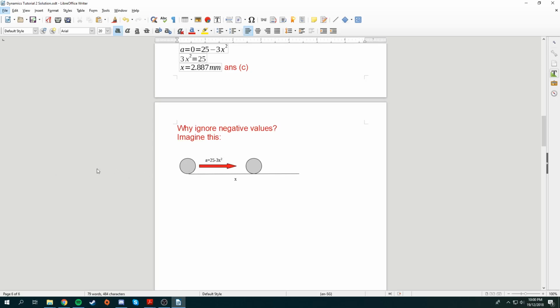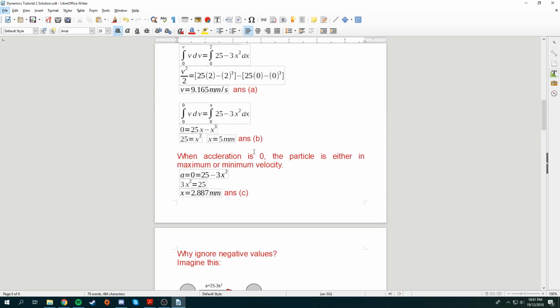It will never go backwards. The further it goes forward, the acceleration goes down, so even though it's still accelerating, it's slowing down. Meaning it will never go to the negative portion of the x-axis, so it will always be within the positive domain. That's why we ignore the negative values for part B and part C.